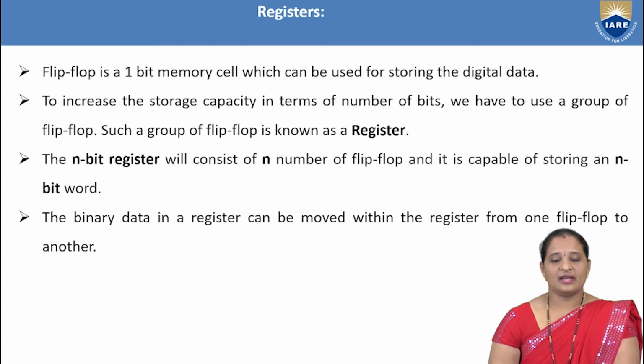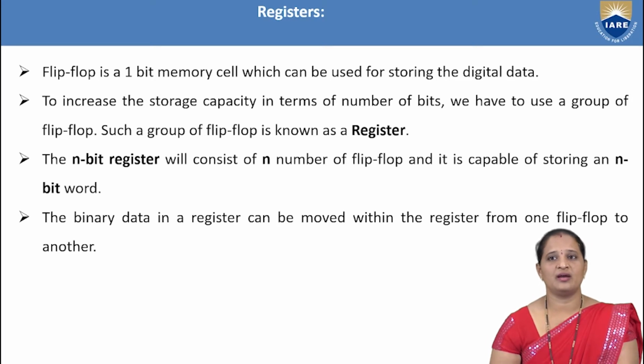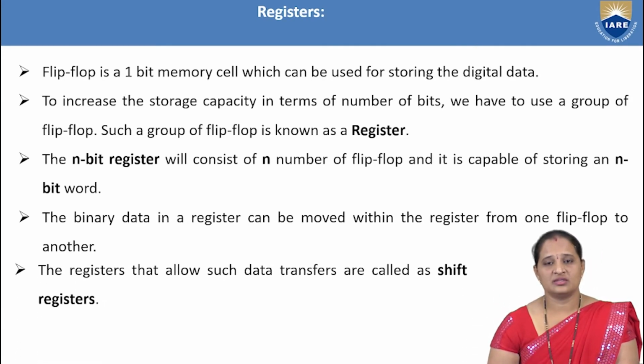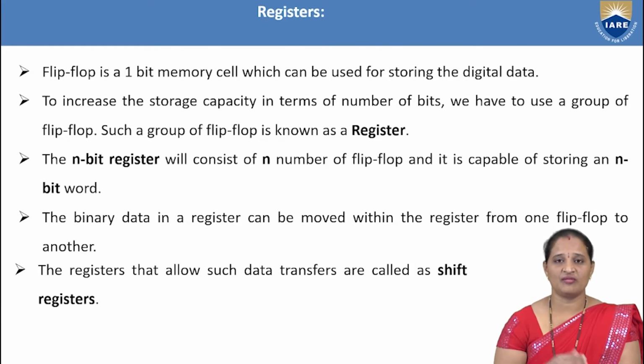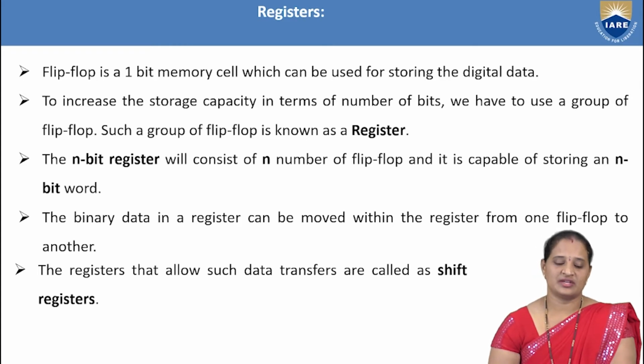Whenever we are storing the data, we can even move the data within the register from one flip-flop to the other flip-flop. The register that allows the transfer of data from one flip-flop to the other, that is the shifting of data, is known as a shift register.